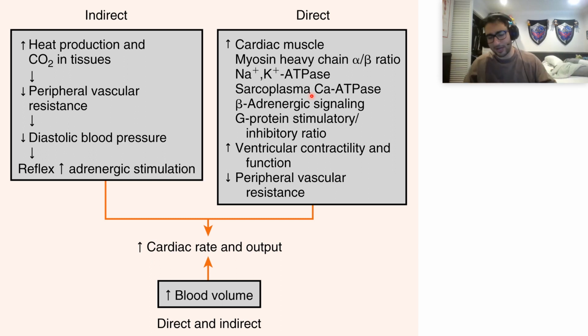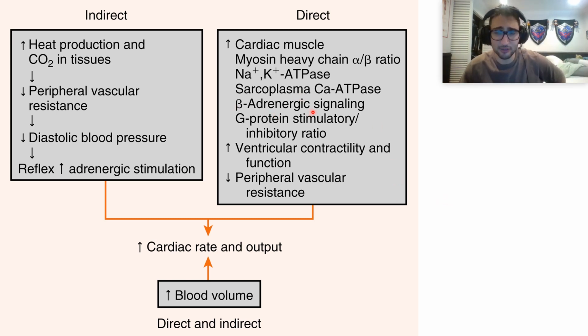Sorry, not a stronger contraction, it allows less time between contractions because you're bringing the calcium back in more quickly, right? This ATPase is more active. It means you're bringing it from the cytosol back into the sarcoplasmic reticulum so that it's ready for when the next contraction occurs, you can release that calcium again.